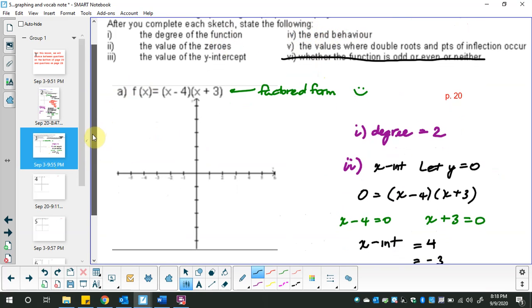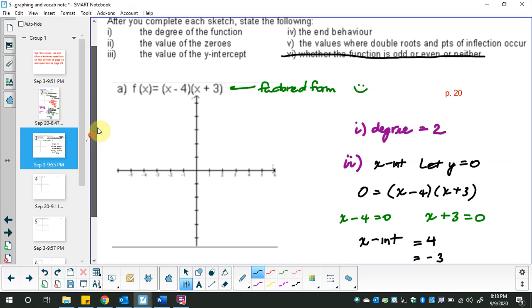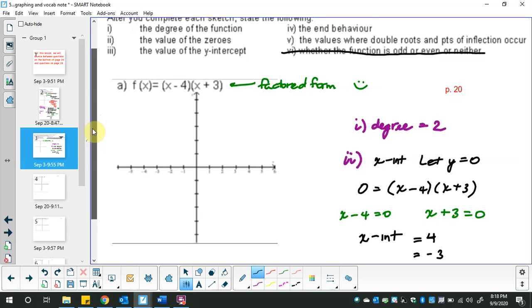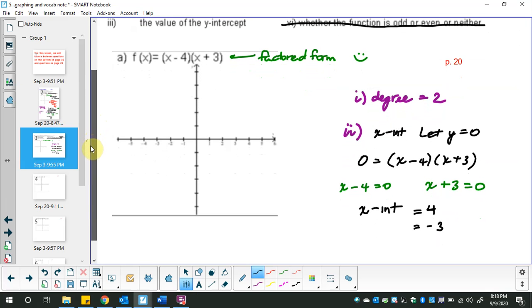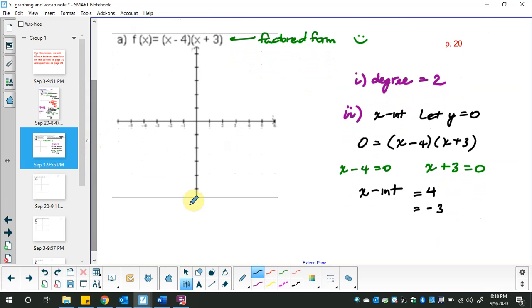The next thing I'm going to find is the y-intercept. And the y-intercept is, I think, a little bit easier to find than the x-intercept. So I'm going to do it right here in red. So the y-intercept, if the x-intercept is letting y equal 0, the y-intercept is going to be letting x equal 0.